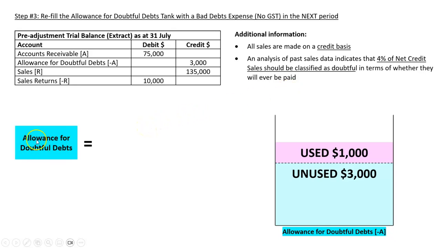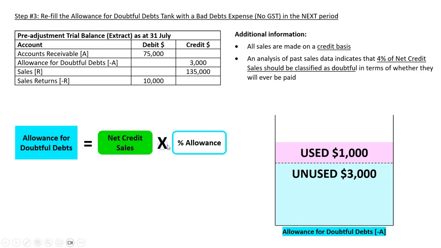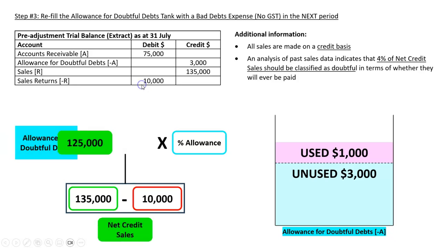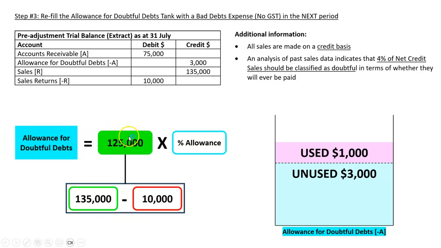So what should the allowance for doubtful debts be? Well, it's going to be our net credit sales again, times by the allowance. So in this case, credit sales was all of this number here. Sales returns were 10. So 135 less 10 is 125. Times that by the allowance, which is 4%. And 125,000 times 4% is 5,000.